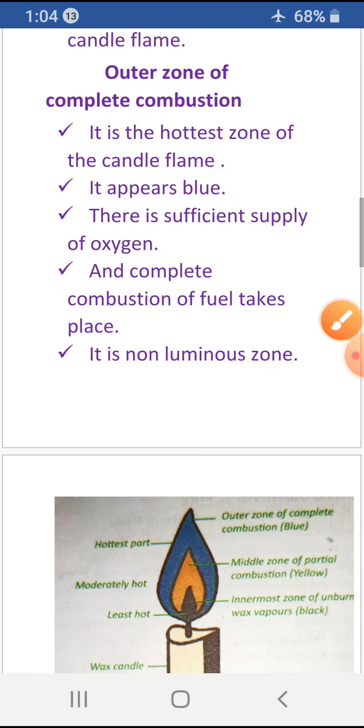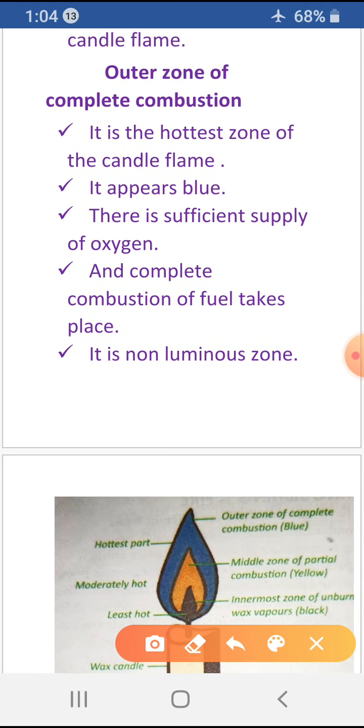Third zone of candle flame is outer zone of complete combustion. Its name indicates complete combustion takes place over here. It means sufficient supply of oxygen must be there, and whenever complete combustion takes place, the color of flame will be blue and temperature will be highest.